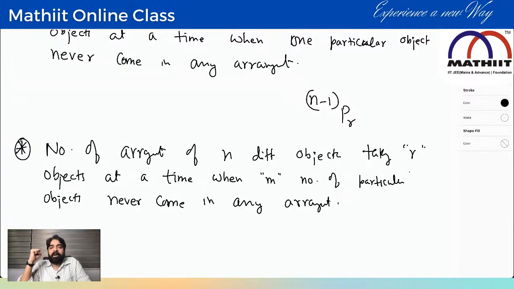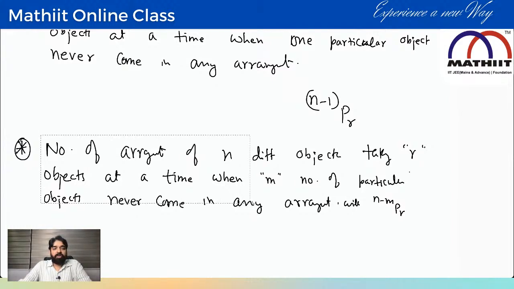You have to write the answer. Yes, none of it genius. I don't have to teach. Anyway, the m objects not coming, throw them out. So n minus m Pr. n minus m Pr.